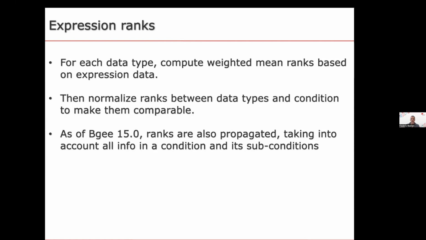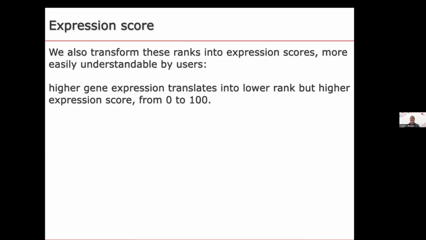So of course, in situ hybridization data, you don't have information about expression level, as with bulk RNA-Seq data, you do have. So we weight those ranks based on the quality of the information, and then we normalize those ranks between all the data types and all the conditions. And at the end, what you end up with is an expression score going from 0 to 100 maximum.